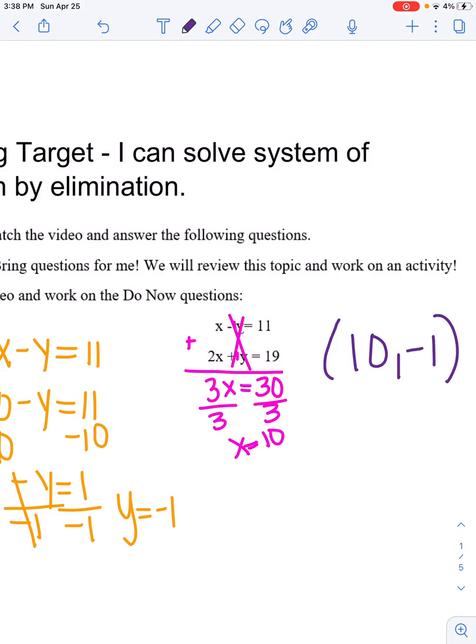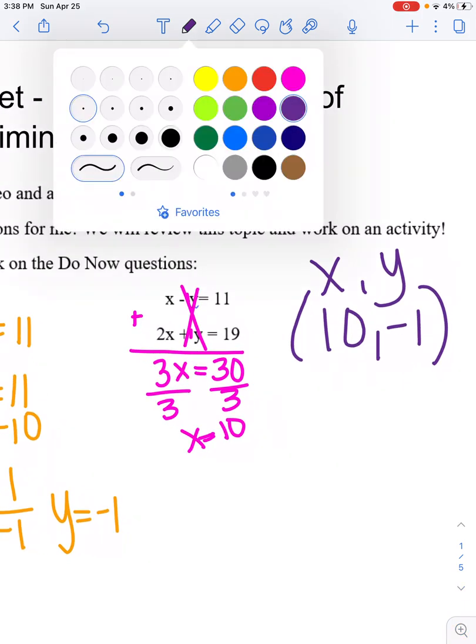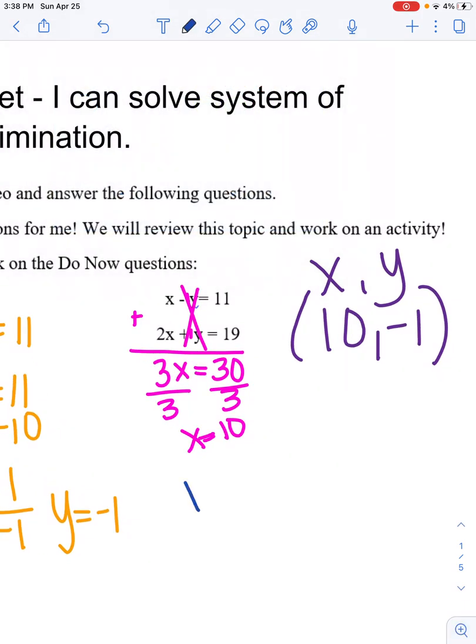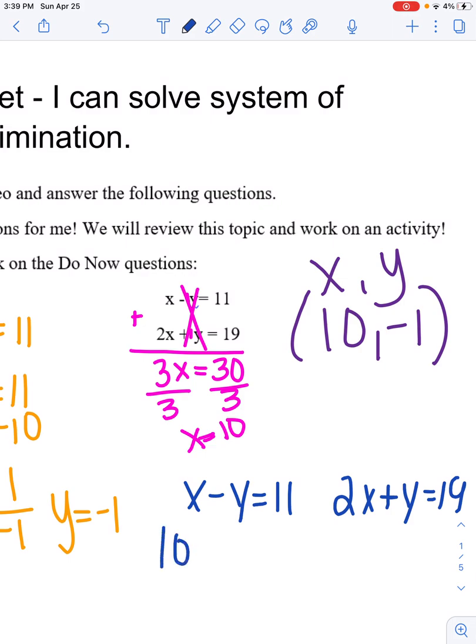And remember, we write it as an ordered pair, x comma y. After I find both the x and y variable, I'm going to plug it back into the original equations so I can check my answer, okay? So these are the two original equations that I have. So 10 minus a negative 1 equals 11.